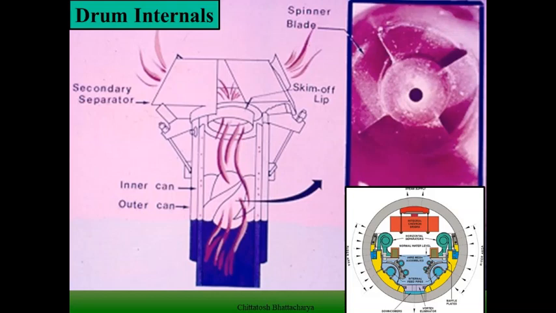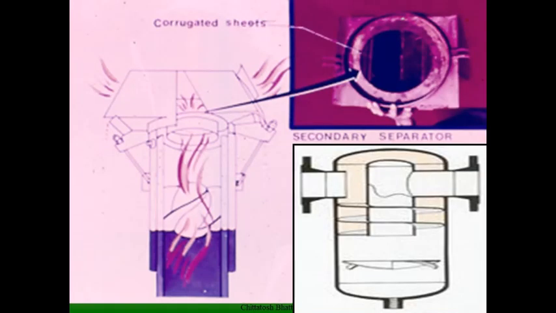As a result, due to the heavier mass of the water particles, they get separated and steam passes out through the secondary separators. After that, it passes through screen dryers.